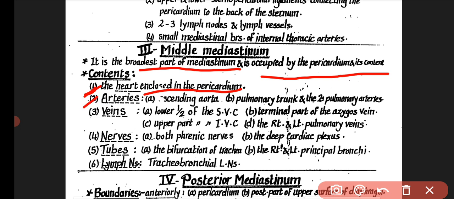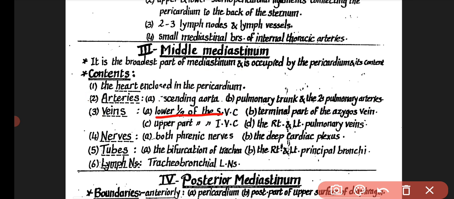And next are the arteries: the ascending aorta, the pulmonary trunk, and the two pulmonary arteries are the arterial contents of the middle mediastinum. The venous contents: in the superior mediastinum was the upper half of the SVC, and here is the lower half of the SVC, the terminal part of the azygos vein, the upper part of the IVC, and the right and left pulmonary veins.